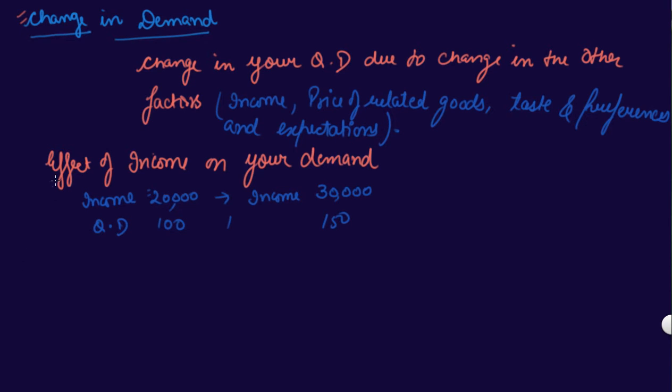Fine. See, effect of income on your demand. Your income is 20,000. Your income has increased to 30,000, means there is rise in your income. I told you in case of normal goods, the income effect is positive, which means rise in the income means your quantity demanded will also rise. Let's see it on the graph.